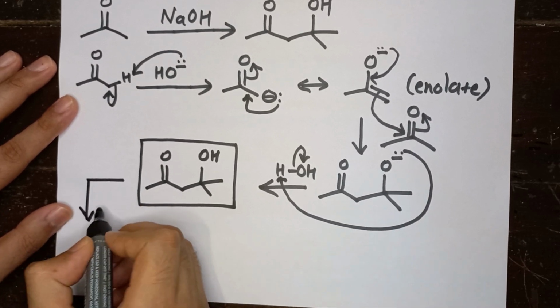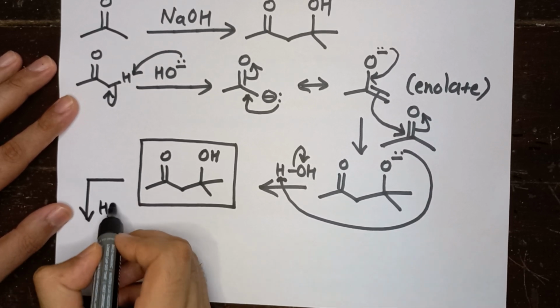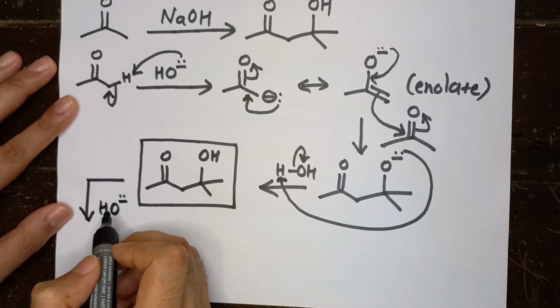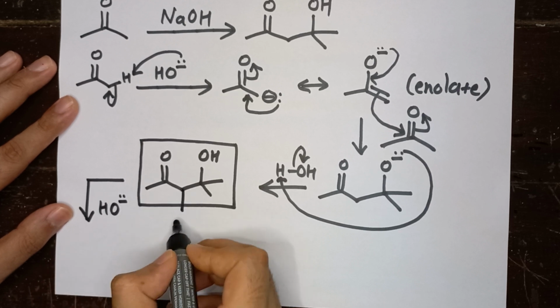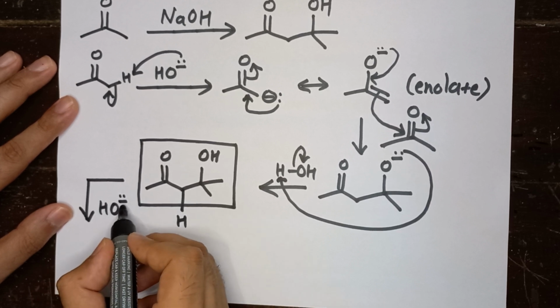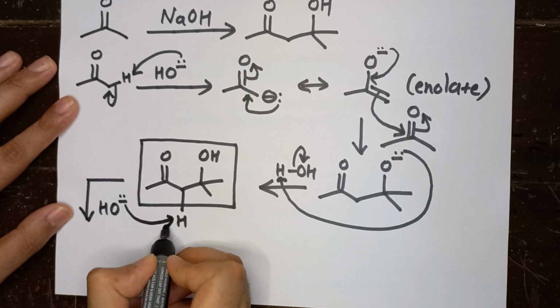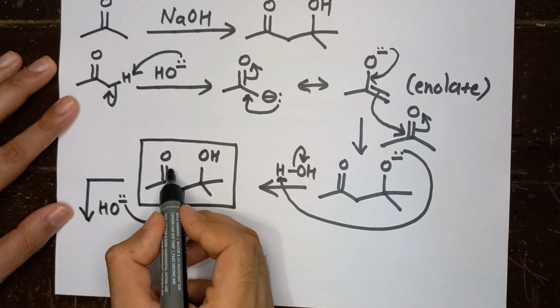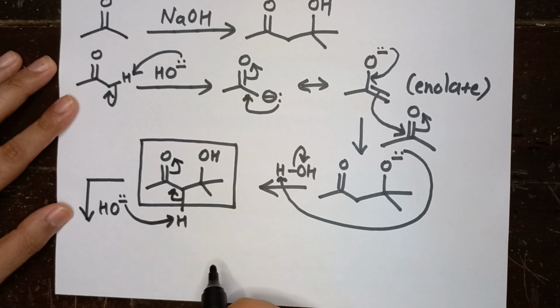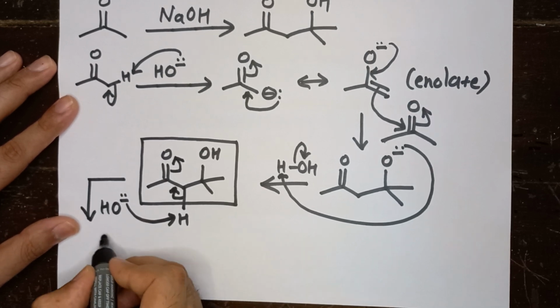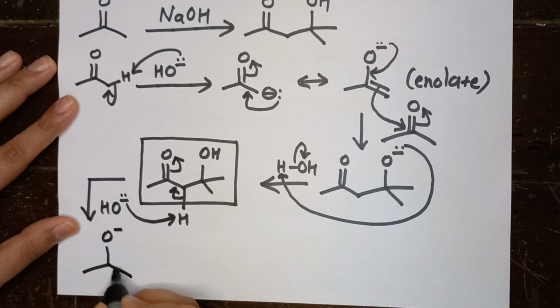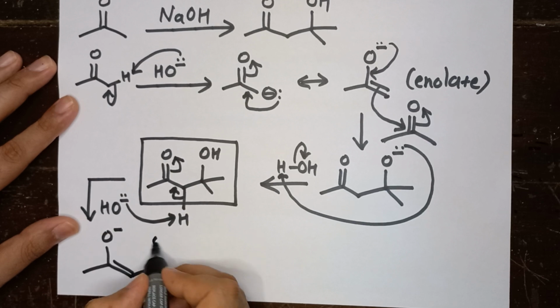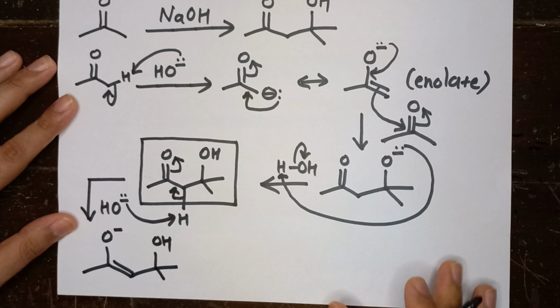Now we still have hydroxide anions and we still have this acidic proton. So this O minus can take this proton, this bond can go in resonance with this carbonyl carbon, and we have now an oxygen bearing a negative charge, a double bond here, OH and two methyl groups.